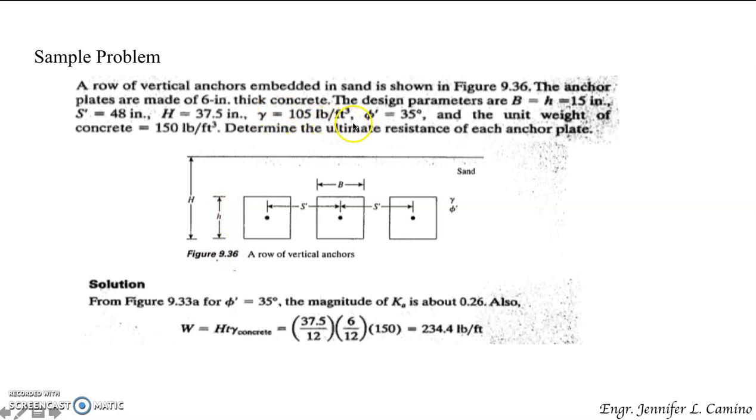Gamma is 105. Phi is 35. The unit weight of the concrete is 150. We have to determine the ultimate resistance of the anchor plate. So we have to compute for W. So we have this equation, H times the thickness of the anchor plate times the unit weight of the concrete. That gives us 234.4 pounds per feet.